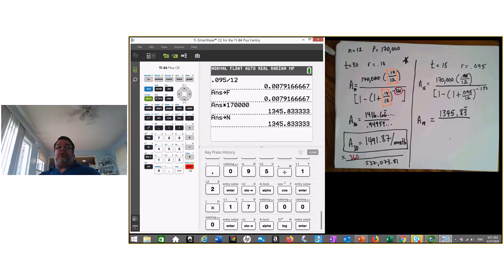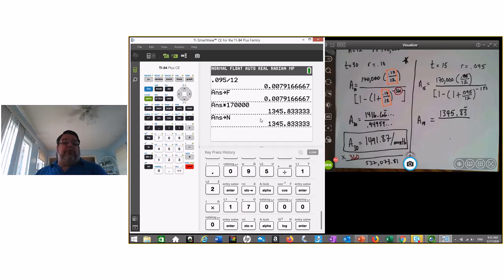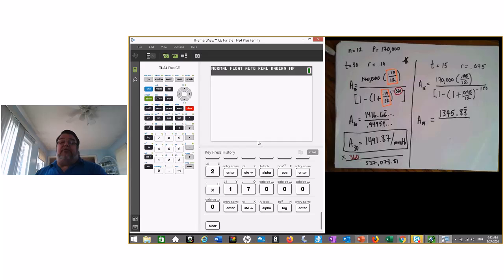All right, let's do the denominator. And the denominator is going to be that fraction. So alpha F plus 1 is equal to that number. And we're going to raise that number to negative 180.